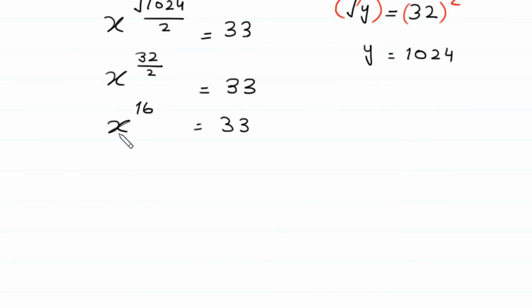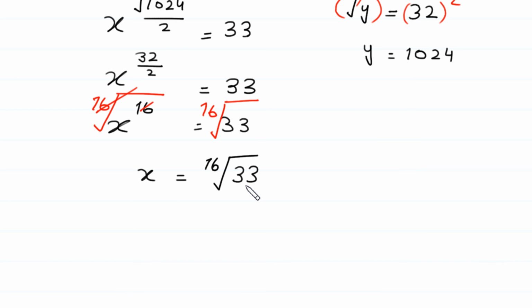Now to find the value of x we take 16th root on both sides. The power 16 will be cancelled with the 16th root, and x is equal to the 16th root of 33. So in this case the value of x is the 16th root of 33 and the value of y is 1024.